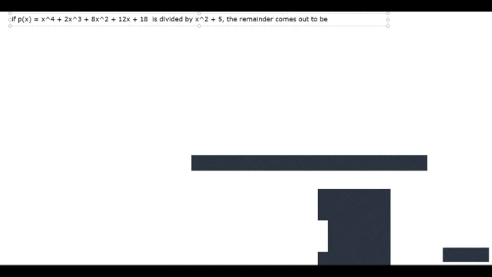The remainder comes out to be px plus q. Find the values of p and q.